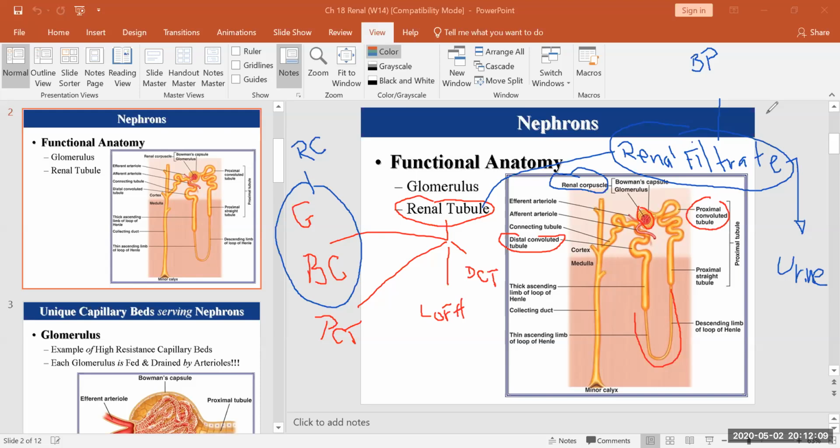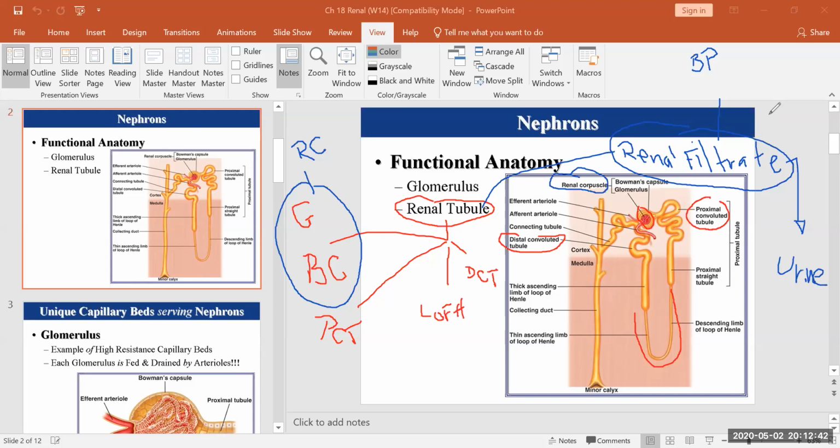By size. So anything that's smaller than the pore of the glomerulus will be allowed to leave the blood plasma and become the renal filtrate. If you are bigger than the pore of the glomerular membrane, you will remain within the glomerulus. You will not be cleansed out, okay?